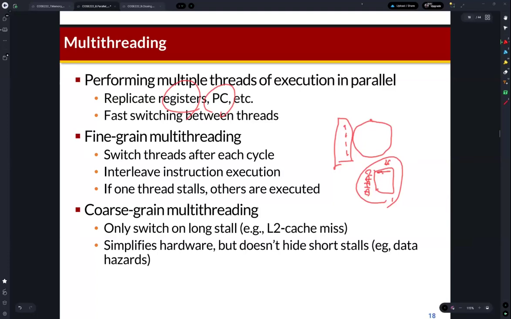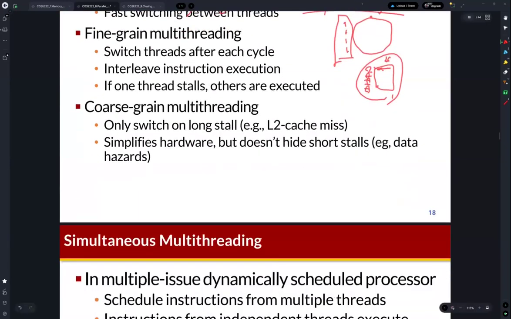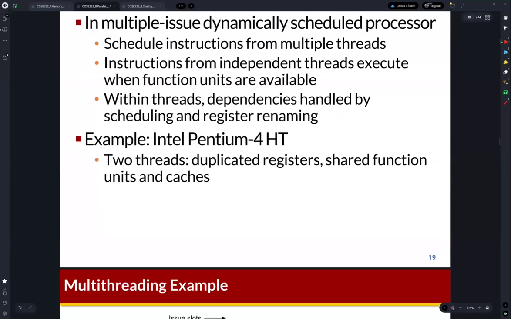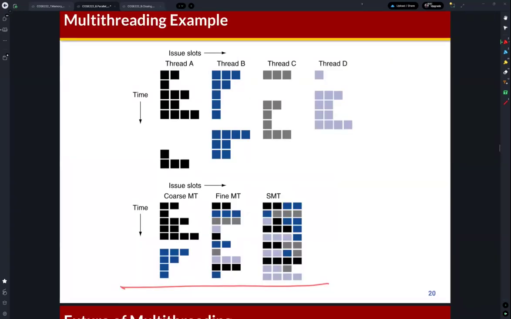Okay, so this is an example of multi-threading, with thread A, thread B, thread C, and thread D. We assume that we want to run these multiple threads in a single core.